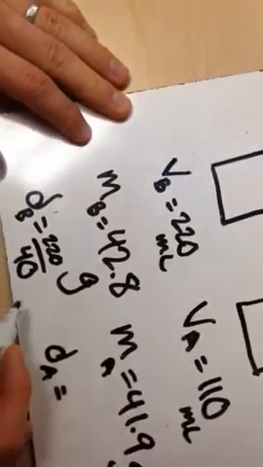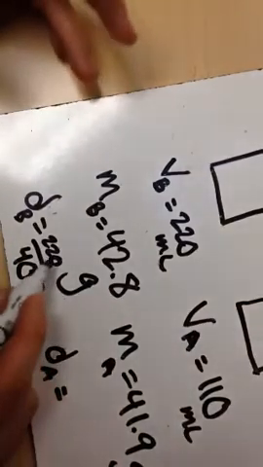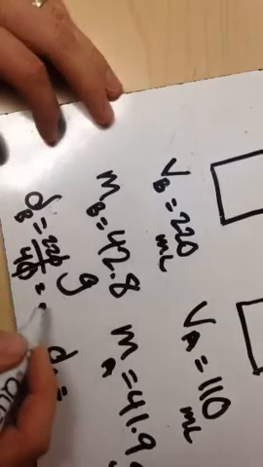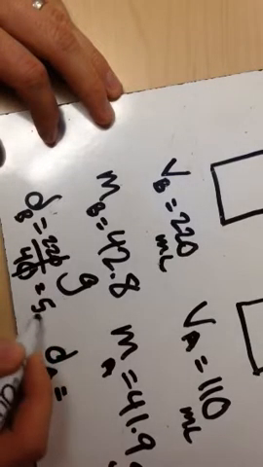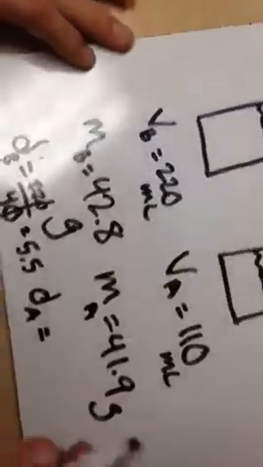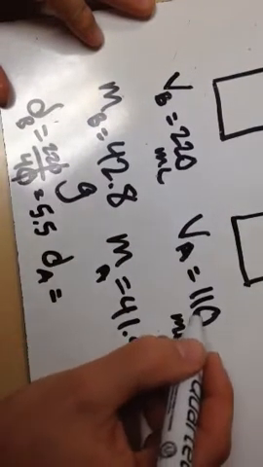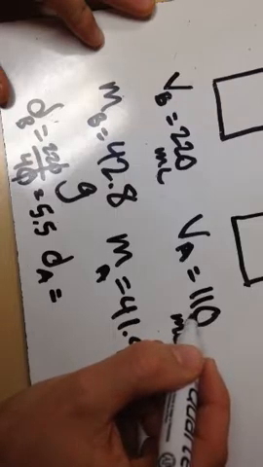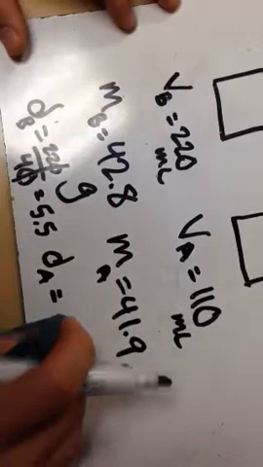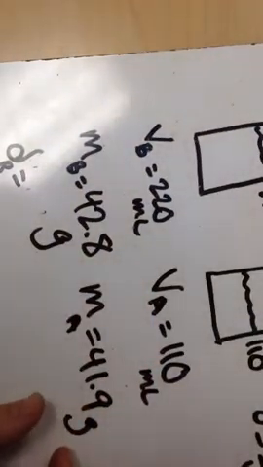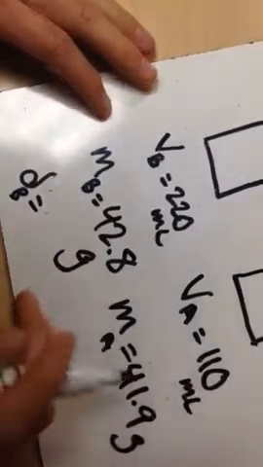So 220 over 40, cross out some zeros, 22 over 4, it's like 11 over 2, which is like 5.5. Oh, I did that backwards. I need to continue this video because I already just smashed the chips, so I just need to go back and do this again.